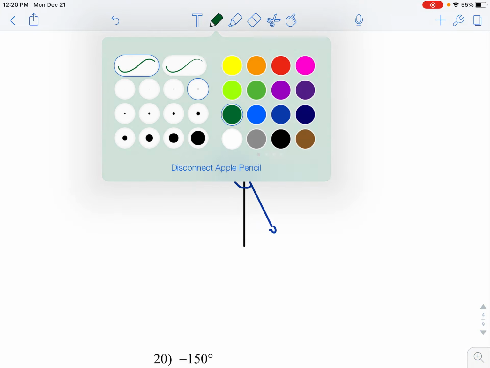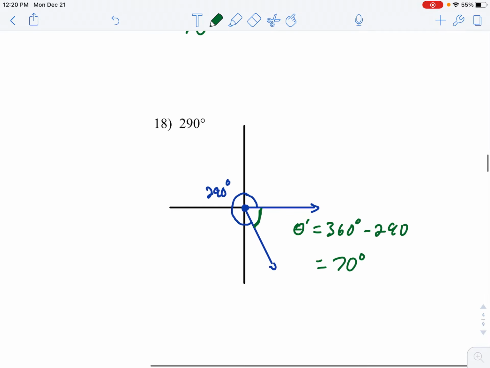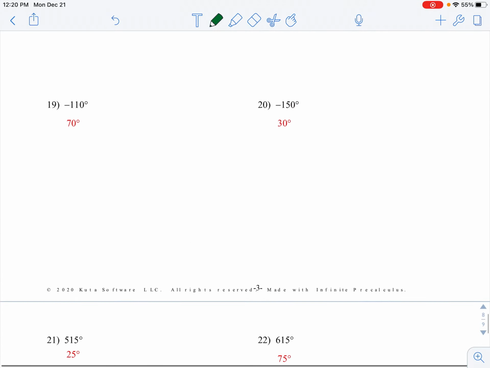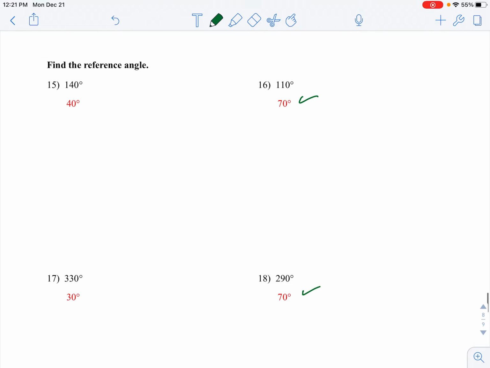My reference angle is whatever it takes to get back to the x-axis. So here, my reference angle is going to be 360 degrees minus 290 degrees, which ironically is also 70 degrees. Number 18. Yep, also 70 degrees.